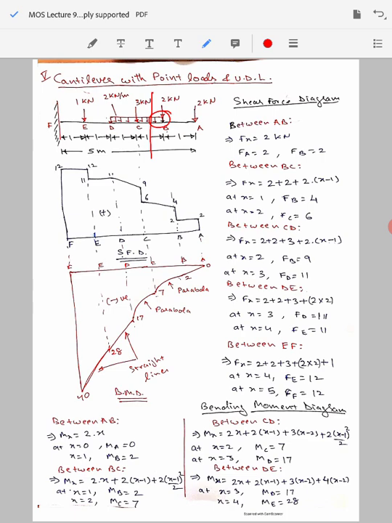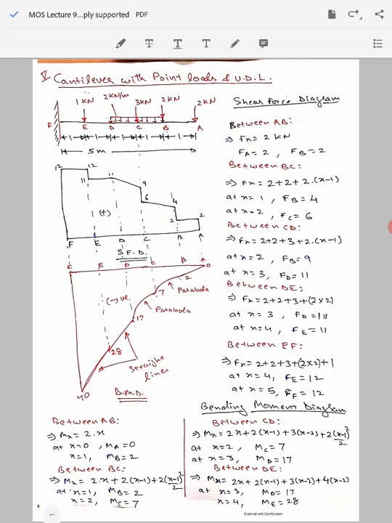As it is acting for a distance of x minus 1, we can assume that it is acting at half of it. Let's say this is cut here, so it is acting somewhere at the middle between point B and this point here.